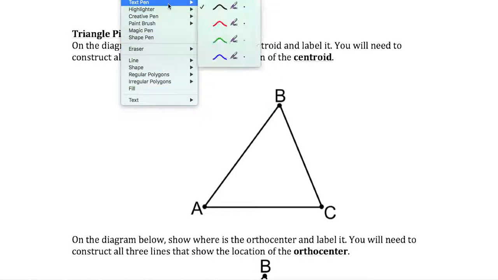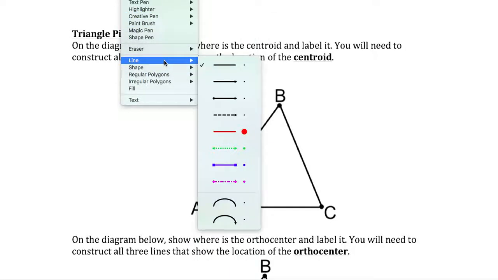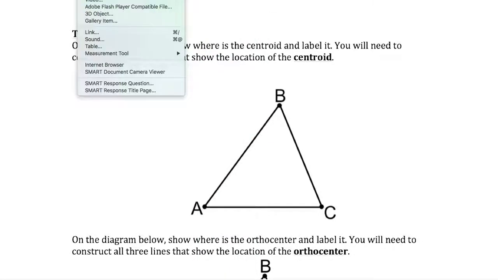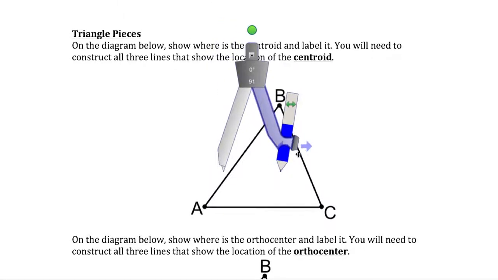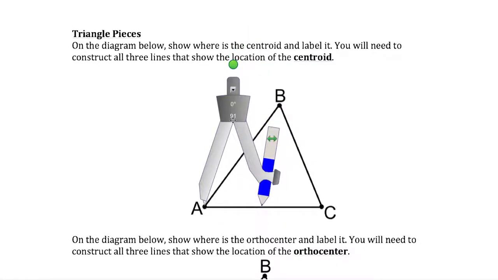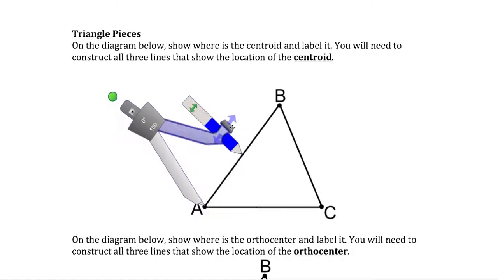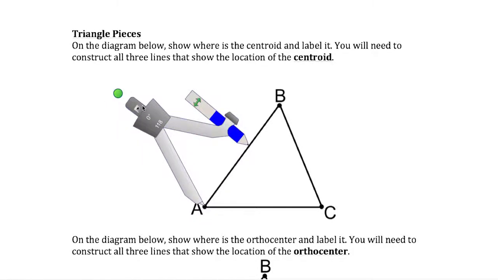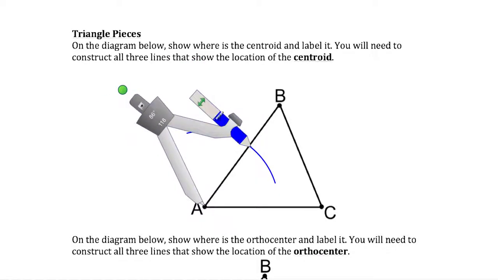I'm going to need my compass. So when we do this using a compass, we want to find the midpoints of all these lines. So if you remember how we found midpoints before, we don't just measure. We actually take this compass and we go a little bit more than halfway, and we draw an arc.